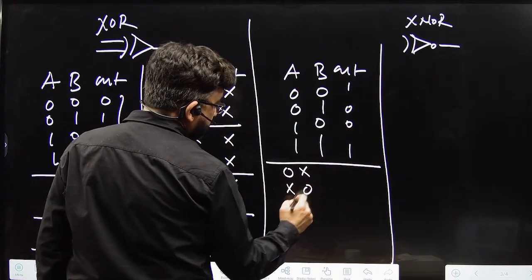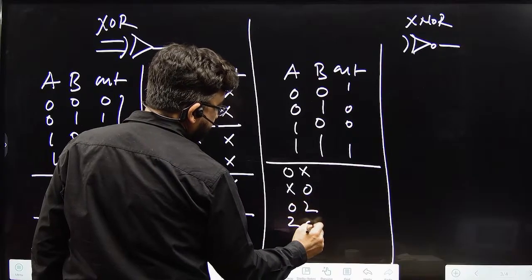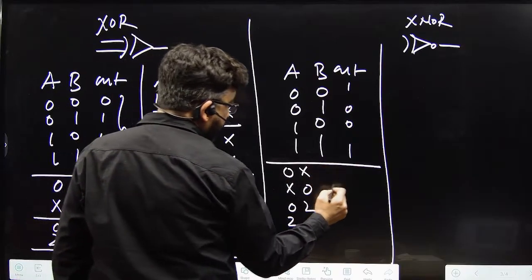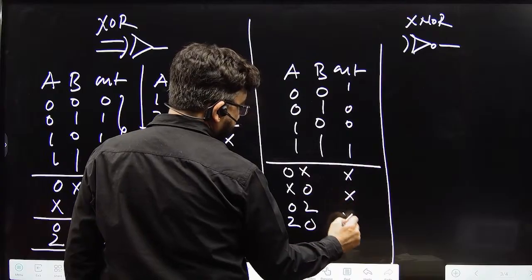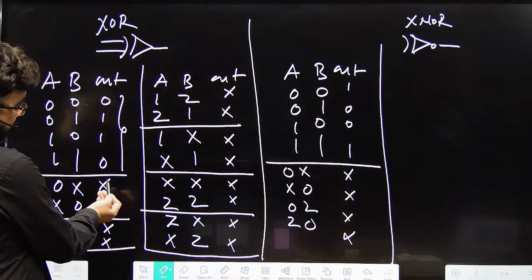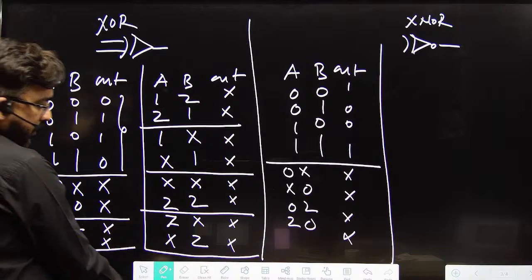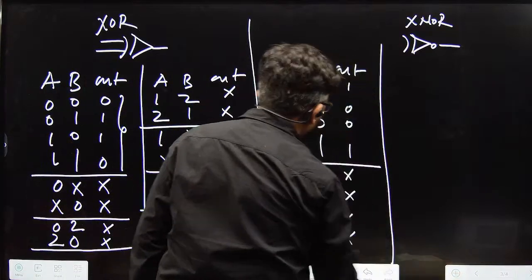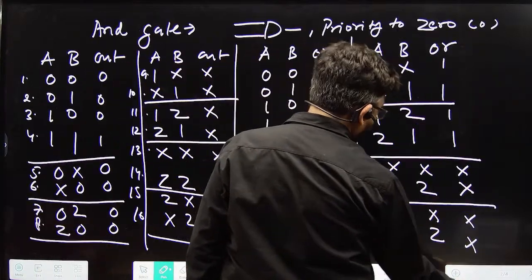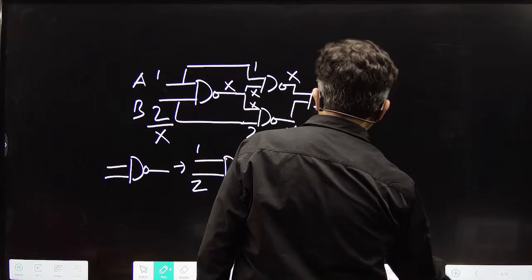Now for 0x, x0, 0z, and z0, in that case also the output is x, because this x is passed through the inverter.